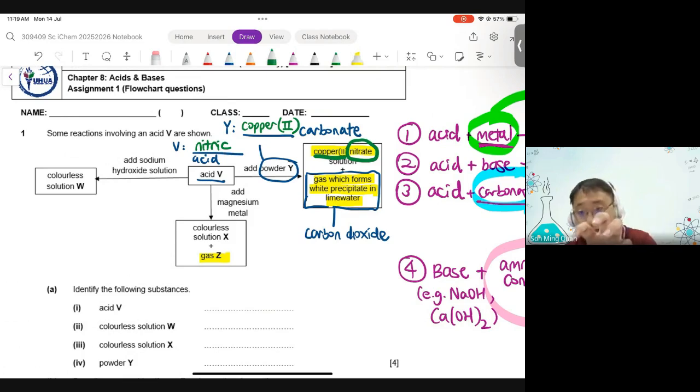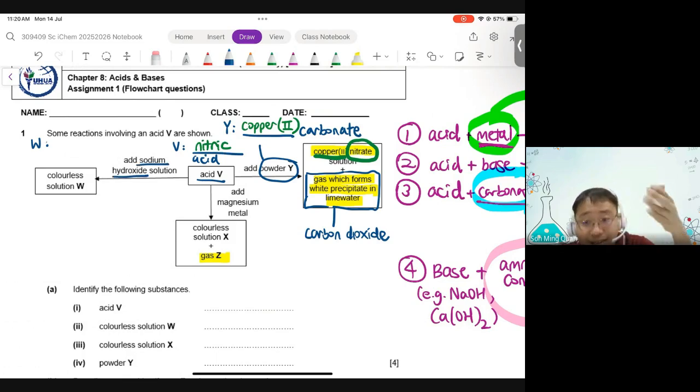We started with the gas and worked backwards to deduce that Y is the carbonate. Because it formed copper 2 nitrate, Y is copper 2 carbonate. Because it formed the nitrate, V is nitric acid. And with that, you can work out quite a lot of the rest. Now that you know it's nitric acid, for example, nitric acid plus sodium hydroxide.